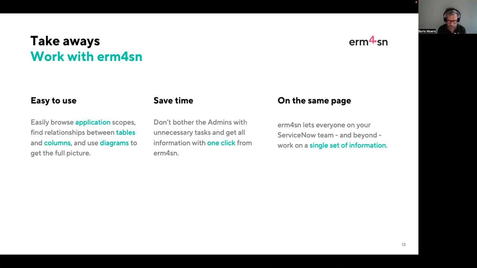All your team members have access to the same information. You can share this information as well with external teams in your company. No need for an admin. No need to understand ServiceNow head to toe to extract this data.